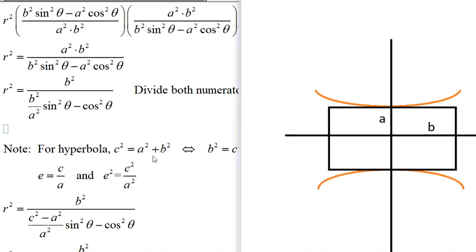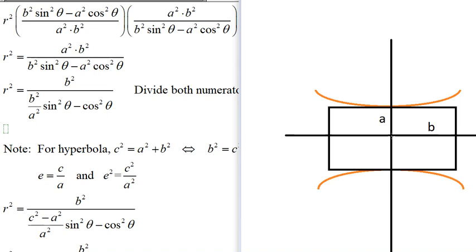And once again, for this type of conic section, a hyperbola, the relationship between a, b, and c is c squared equal to a squared plus b squared. Recall that this is vertex number 1, this is vertex number 2, and we have a focus somewhere in here, and another focus somewhere in here.